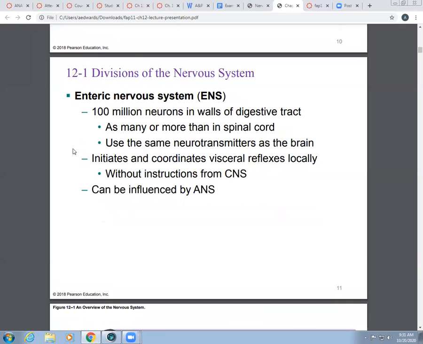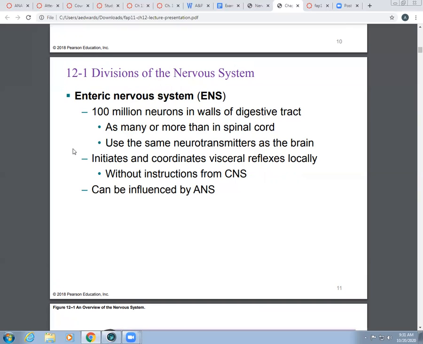All right. We also have a part of the nervous system called enteric. You have millions and millions of neurons in the walls of your digestive tract. So it's many or more than you would even have in your spinal cord.